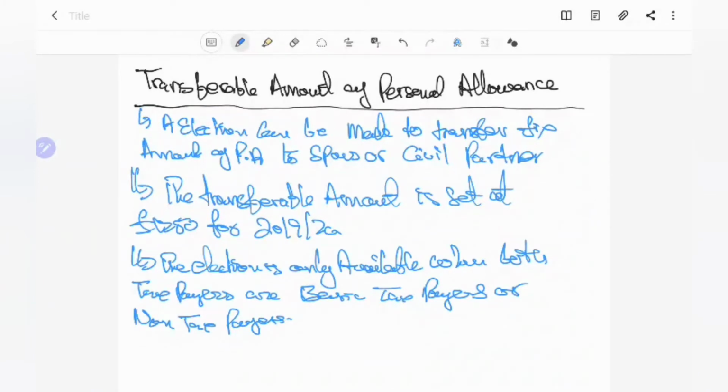The election is only likely to be made when one spouse is a non-taxpayer and has an amount of unused personal allowance that would otherwise be wasted, and the other spouse is only a basic rate taxpayer.